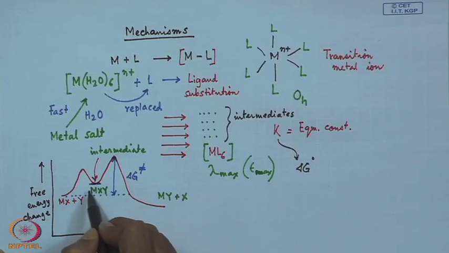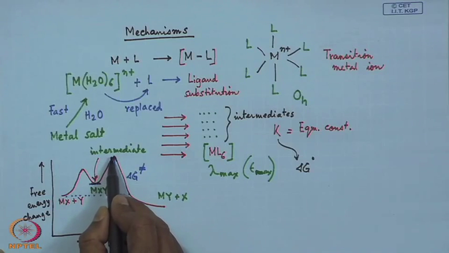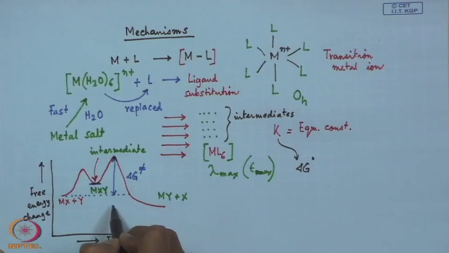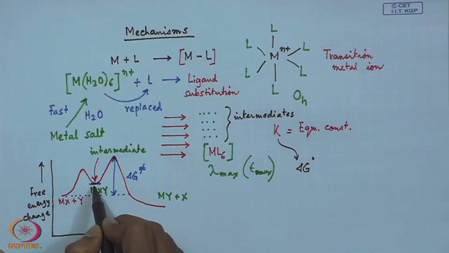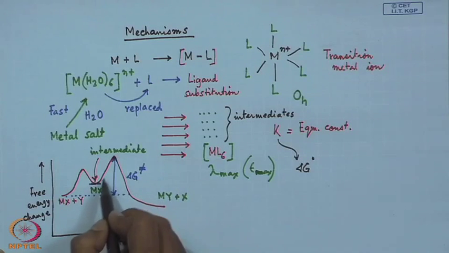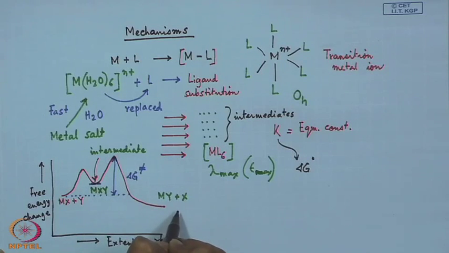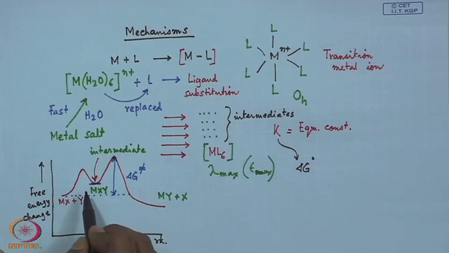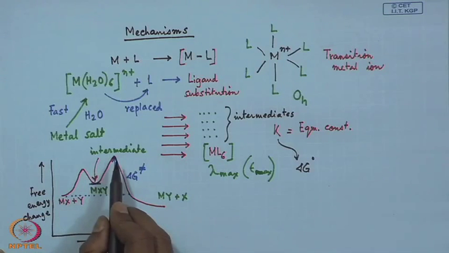Then this MXY crosses another hump, where this energy of activation is required to proceed from left to right to produce MY plus X.